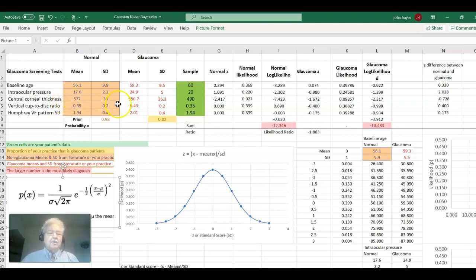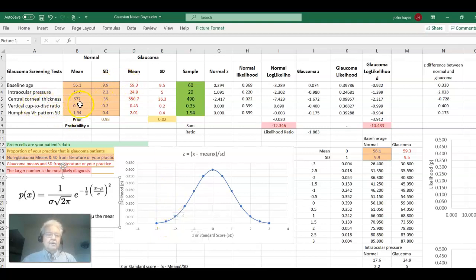For the central corneal thickness, the patient's value is 490 minus 577 divided by 36, which is minus 2.41. So that's out here. If you're normal, the probability that you would get a minus 2.41 is 0.022.